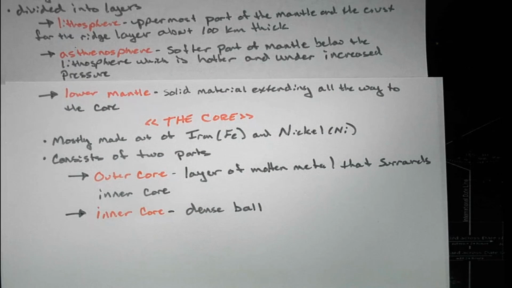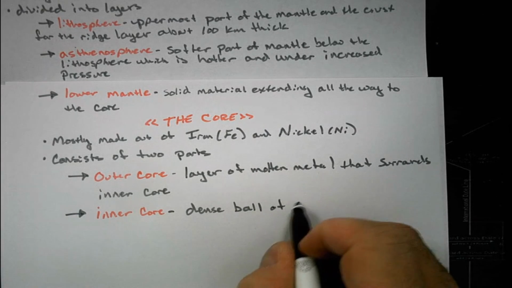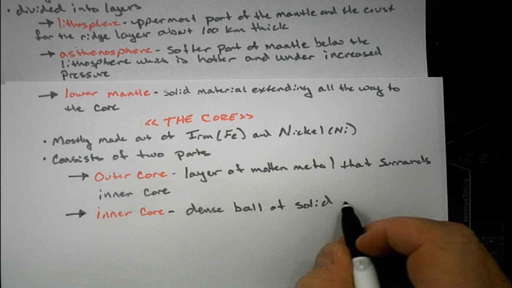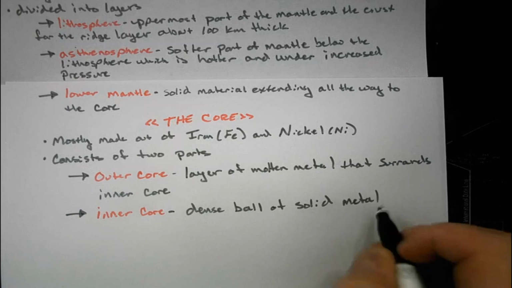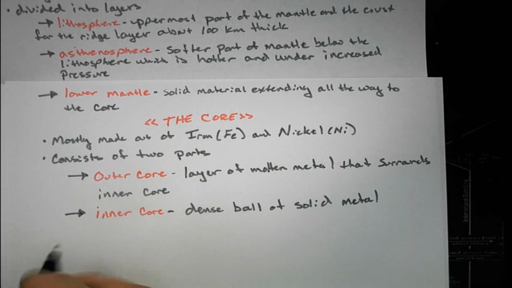The inner core is a dense ball of solid metal. And it is the movement of the liquid outer core that creates the Earth's magnetic field.